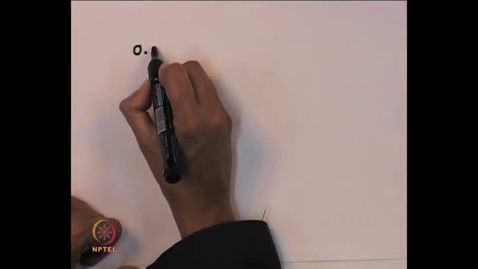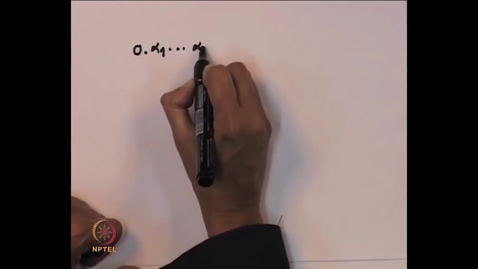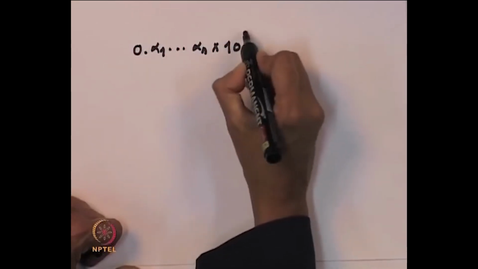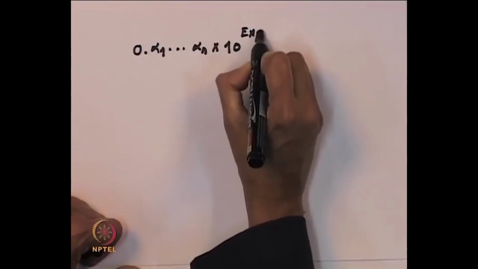That number one will represent as 0 point, and then we want the first digit to be non-zero, so we have 0 point alpha 1 up to alpha n into 10 raised to some exponent.